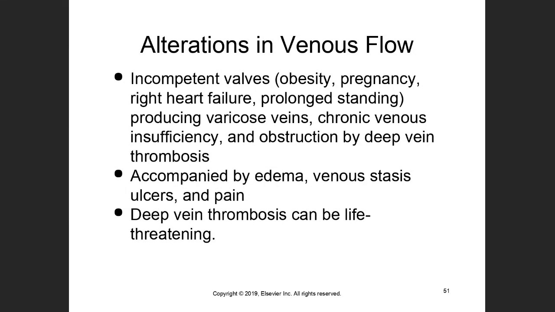That's the sequence: you first develop edema, edema is due to stasis, and this leads to ulcer. Deep venous thrombosis can be life-threatening. Why? Because it can produce pulmonary embolism.